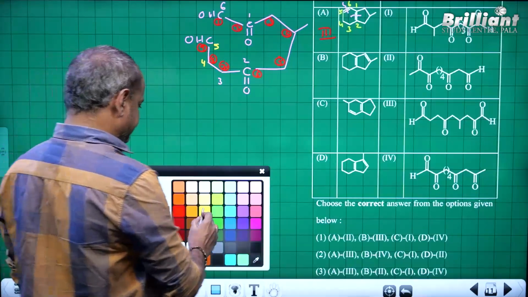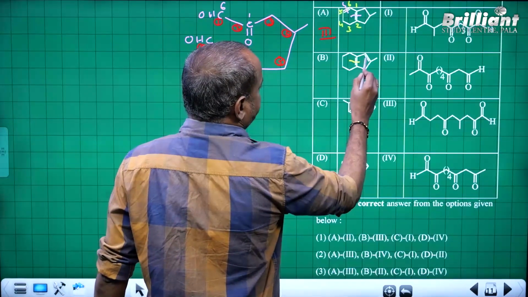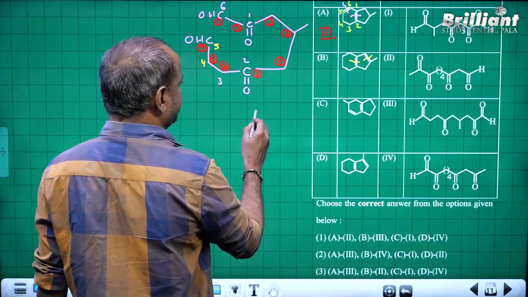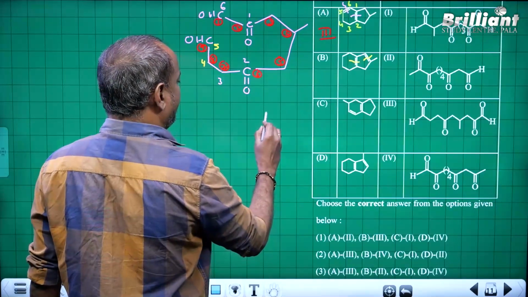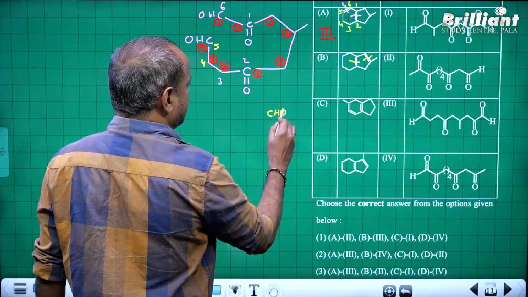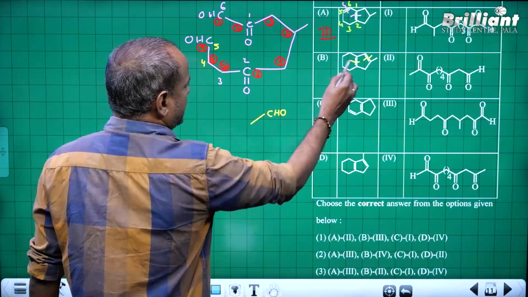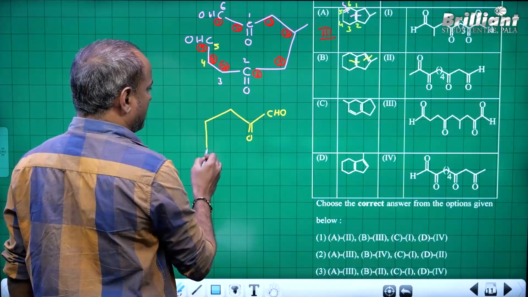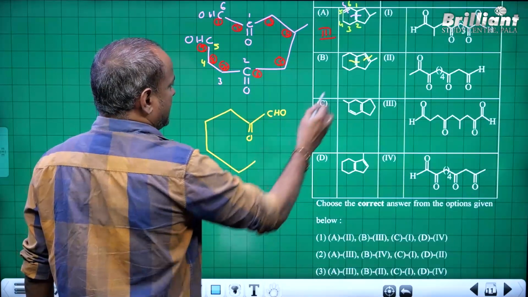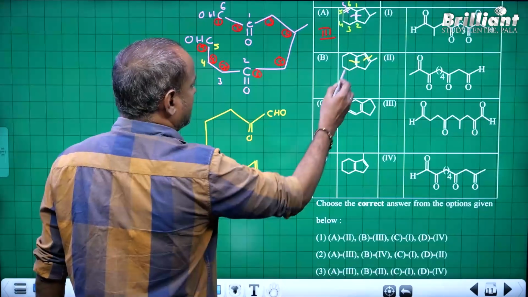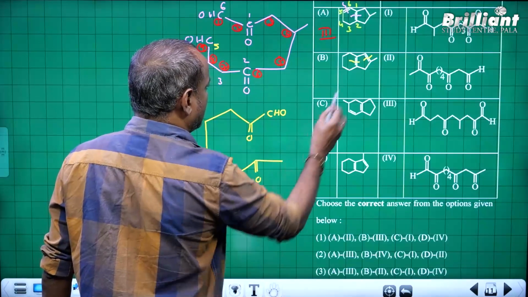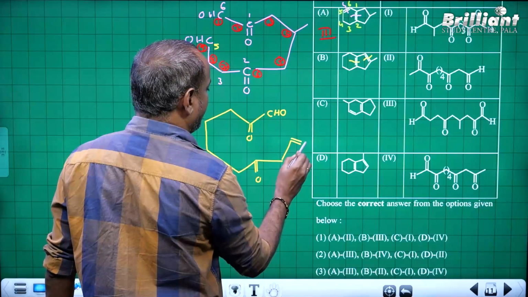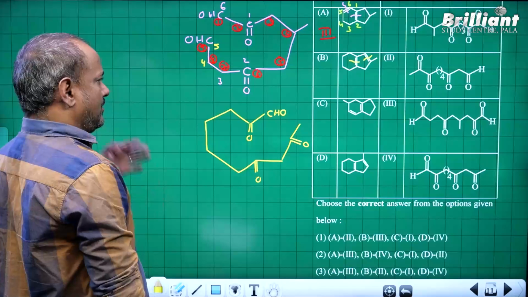Next, break this bond, break this bond. I'll take the same structure for B. Aldehyde, ketone, CHO, ketone, this was a ketone, this also a ketone, with a methyl branch.